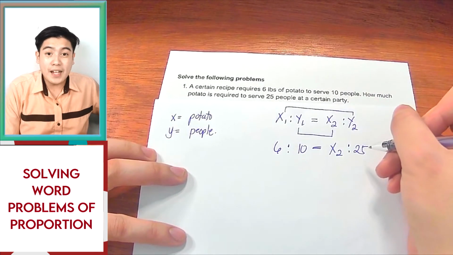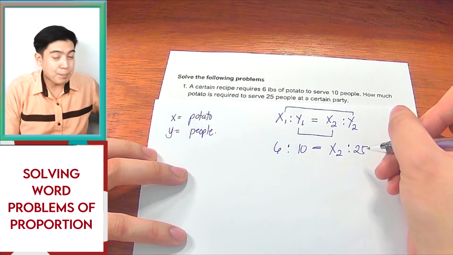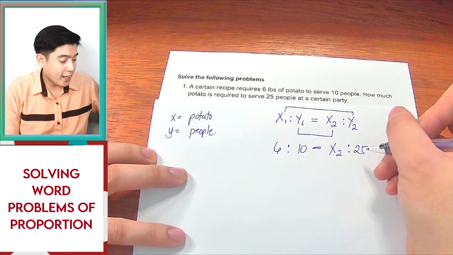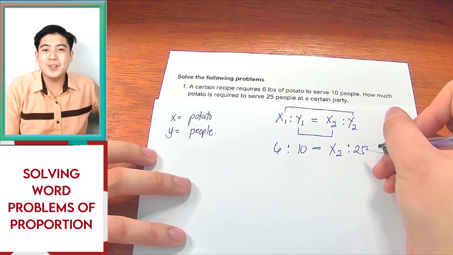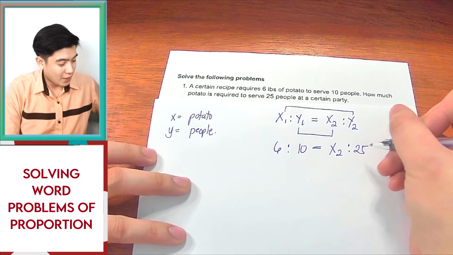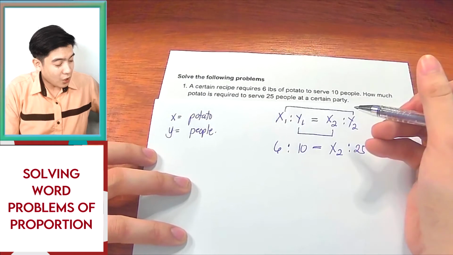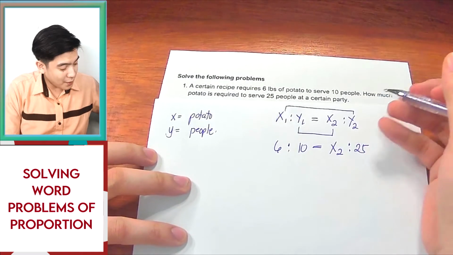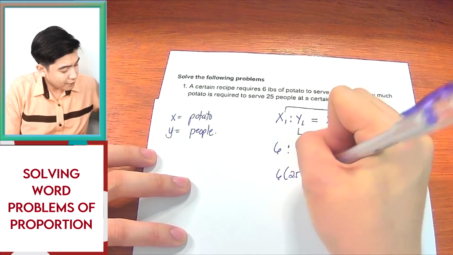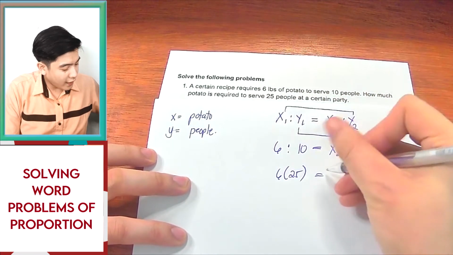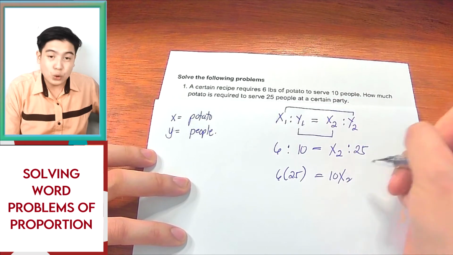So para malaman natin kung ilang pounds ng potato ang kailangang i-serve sa 25 people, gawin natin yung computation ng direct proportion. Product of extremes: 6 multiplied by 25 is equal to 10 multiplied by x sub 2.